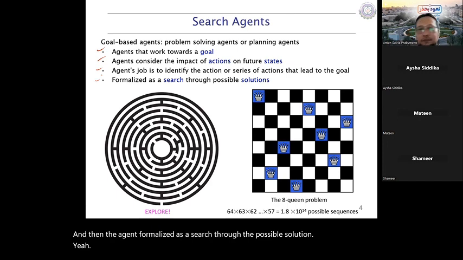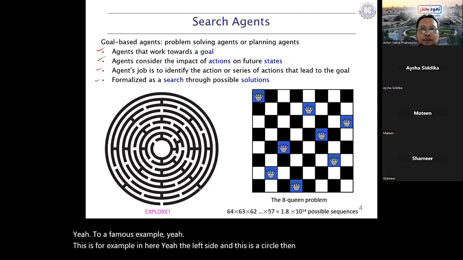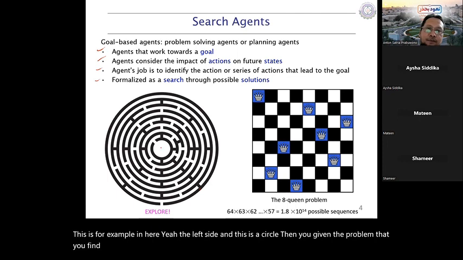So these are two famous examples. For example, here on the left side, this is a circle. You are given the problem to find the way from the initial state here to the target, or the goal, here.